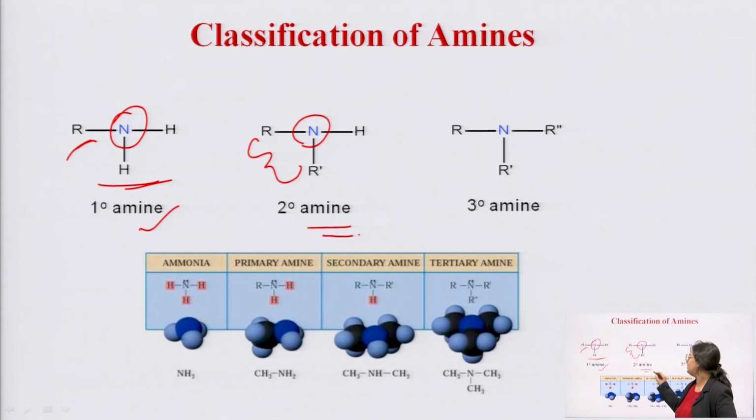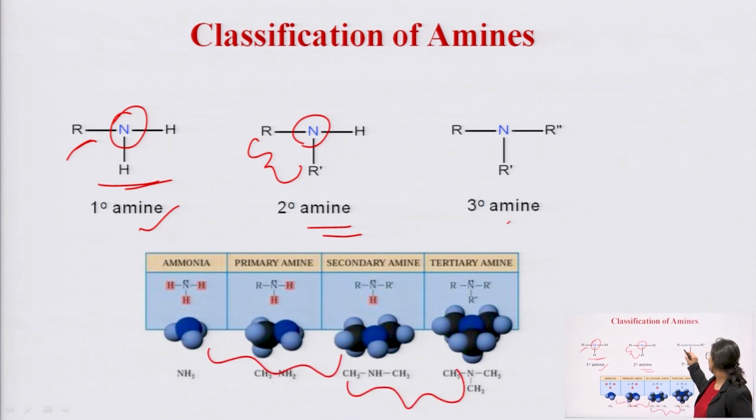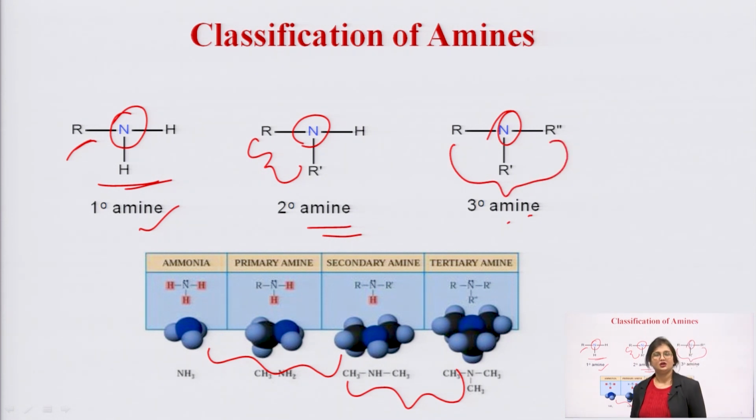Here we have the molecular structure. Next we have the tertiary amine, wherein the nitrogen atom is attached to three alkyl or aryl groups. So, this is about classification of amines.